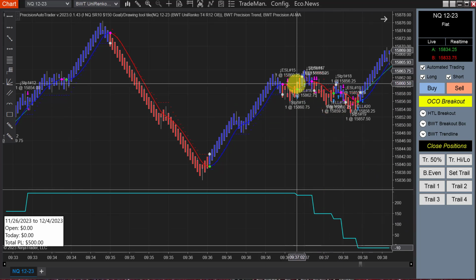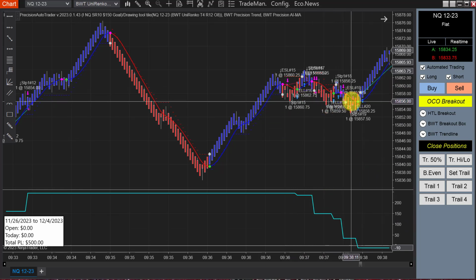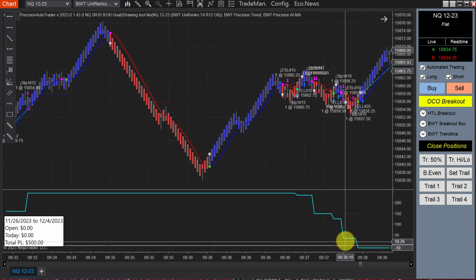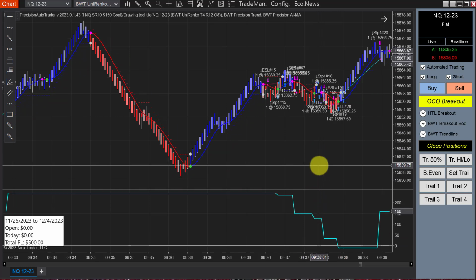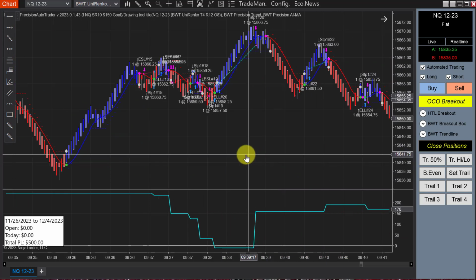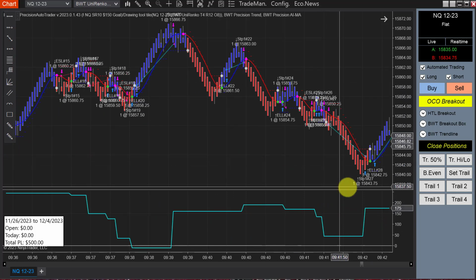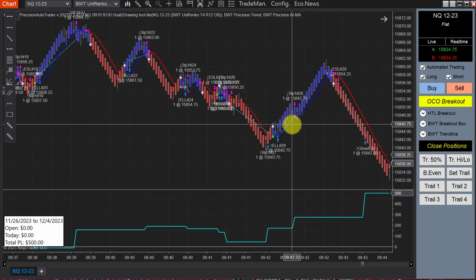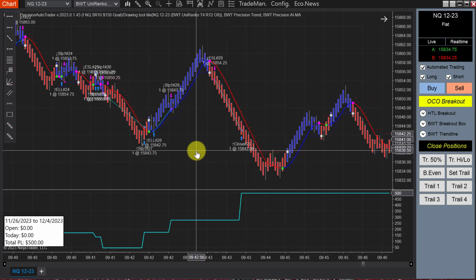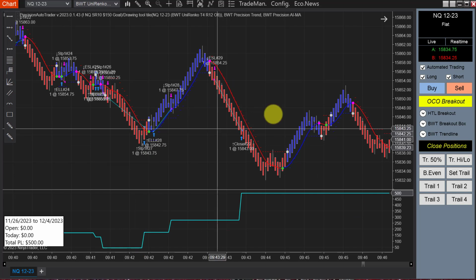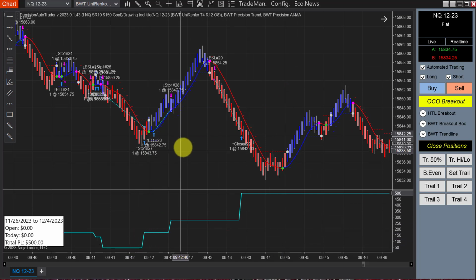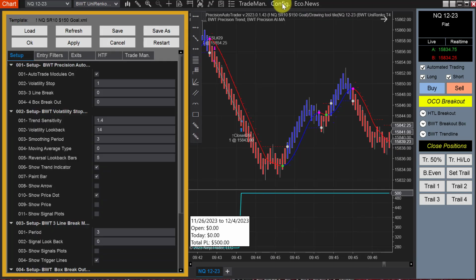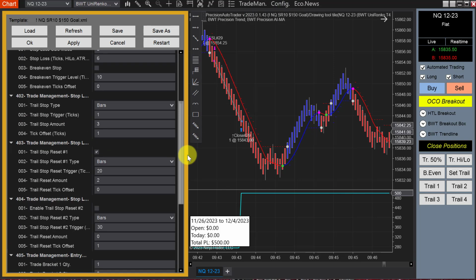So the ability to absorb, there were 4 or 5 or 6 losers right here, and that only brought us down $200, and then it came back with a couple of winners, well, a couple more losers, and then finally the market began to move again, and we had these 3 winners in a row, which brought us back up out of the noise and achieved our goal of $500 for the day.